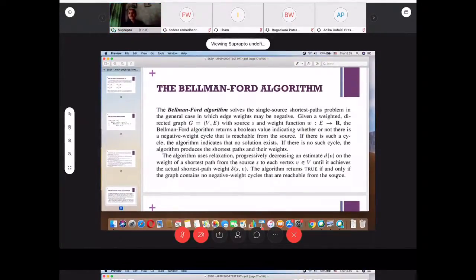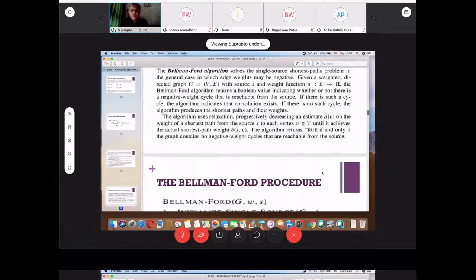Returns true means there is a solution, if and only if the graph contains no negative weight cycles that are reachable from source.